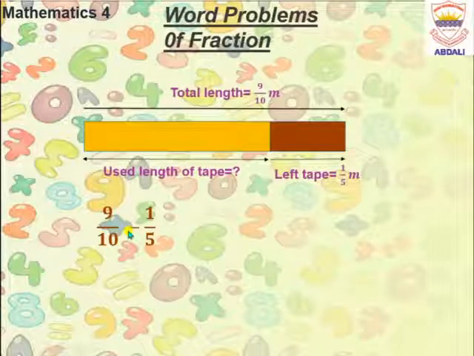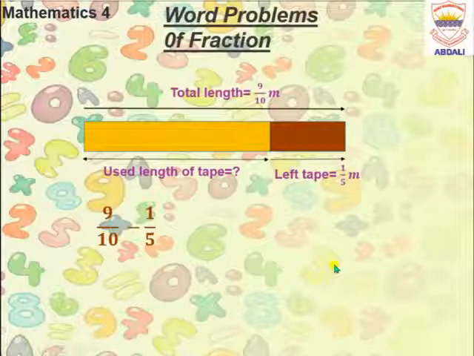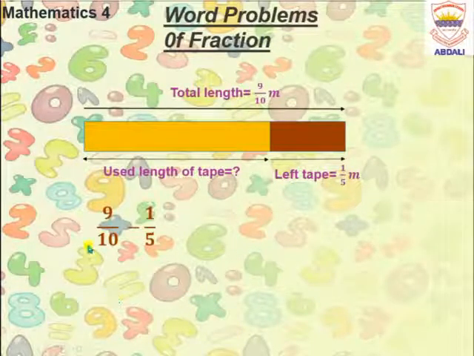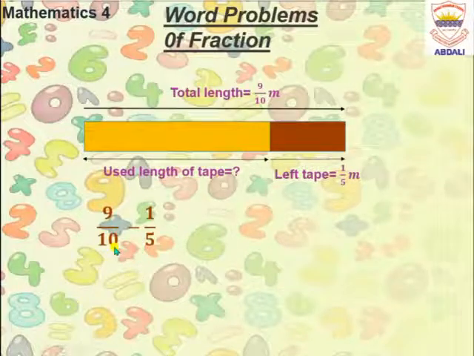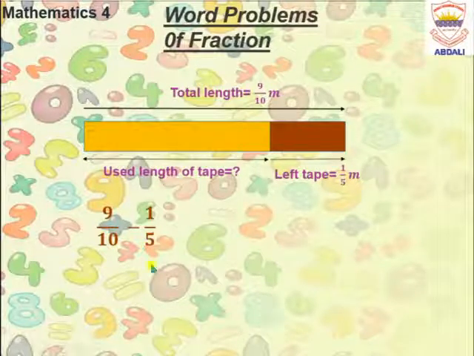As you all know, in the subtraction of fraction, tell me the first step. Yes, very good. We have to make the denominators the same. So we can make 5 into 10, because 5 2s are 10.